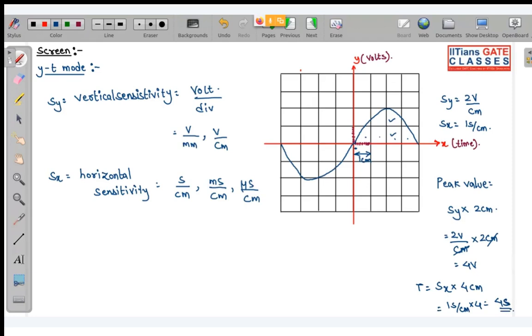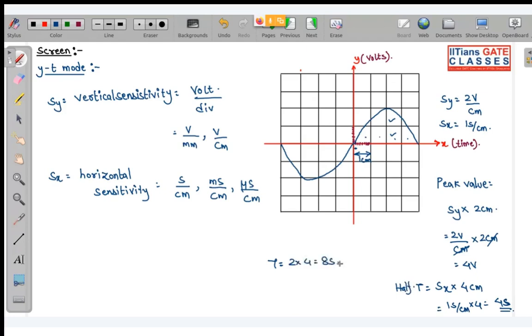Here Nitish, for the time period of this sinusoid, I even told you that this is the positive half cycle. That means there is a negative half cycle also. So this is half the time, I should have also written. So time period is twice the half time.